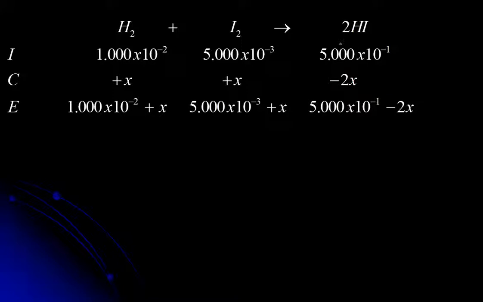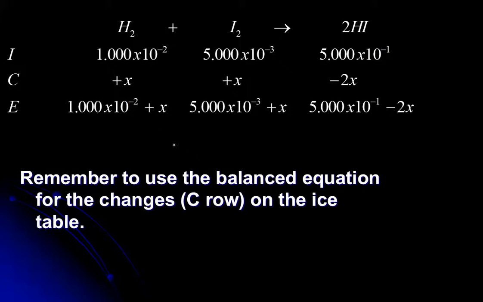So this is actually going down by twice the value as these are increasing. So now we've got the pluses on the reactant side and the minuses on the product side because we're shifting in this direction. So the pressure will increase by x for all of these and decrease here by 2x. So our K was 100. We're going to plug the E row into our equilibrium expression.